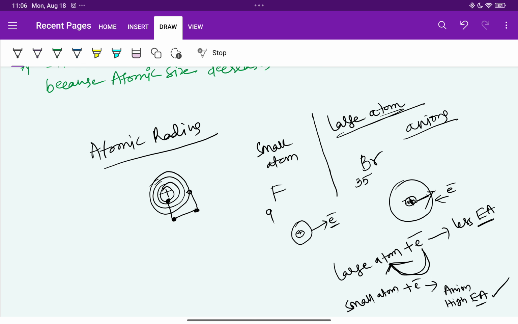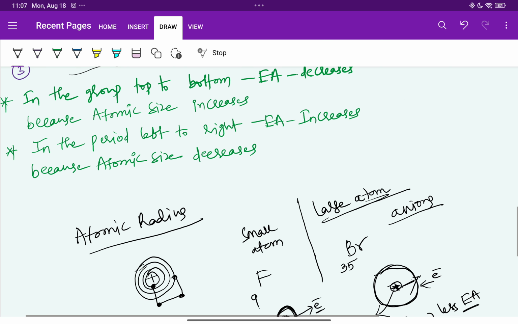Why? In the smaller atom, the nucleus is very close to the valency shell. In the larger atom, the nucleus is far away from the valency shell. So the smaller atom's nucleus easily grabs the electrons, but the larger atom's nucleus cannot grab the electron easily. So always remember, when atomic radius increases, electron affinity decreases.